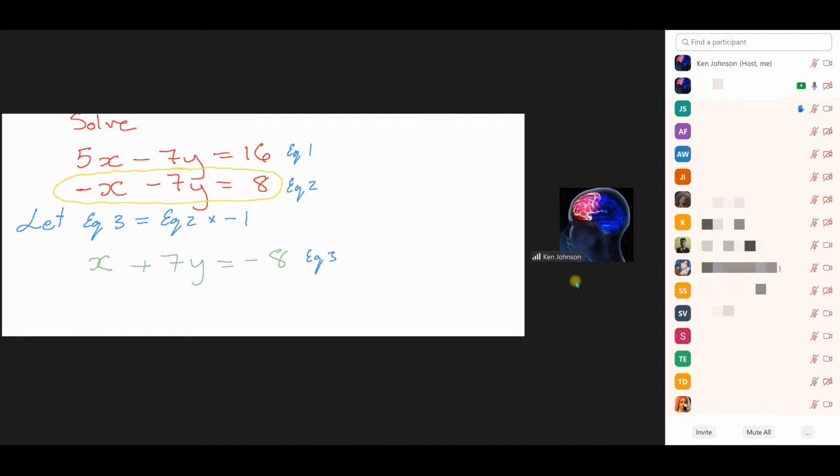Go ahead and raise your hand if you see that when I multiply equation 2 by negative 1, we get equation 3. Remember, when you multiply by a negative number, the signs change, right? So what we're doing now is preparing for elimination, right?